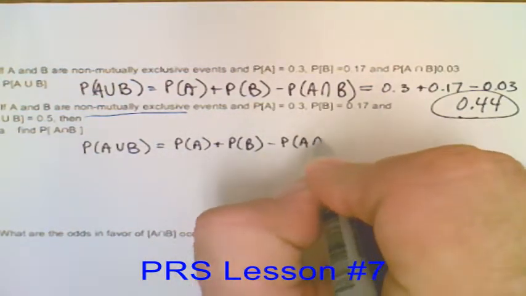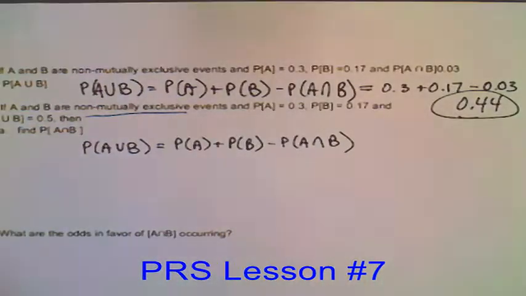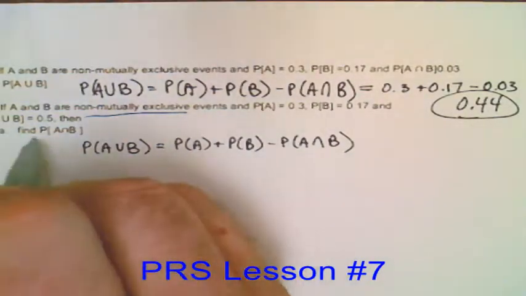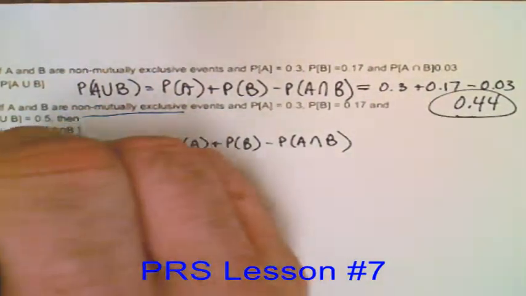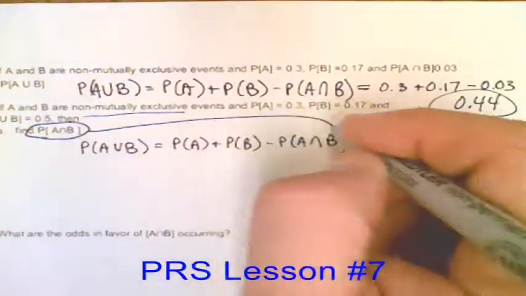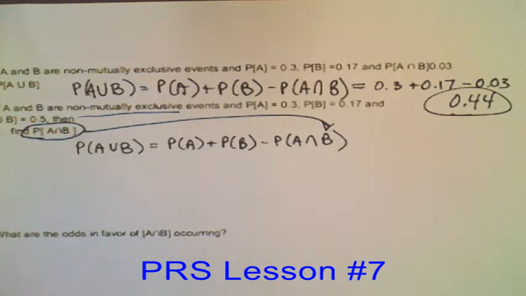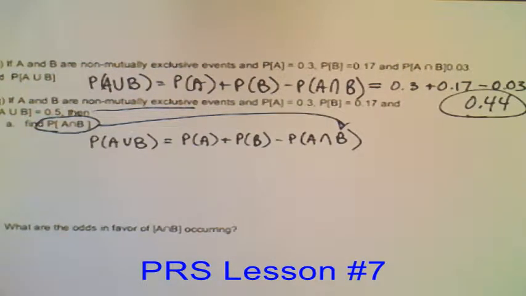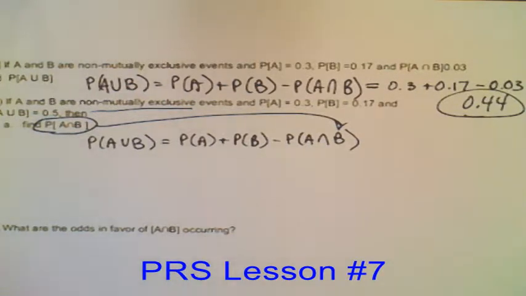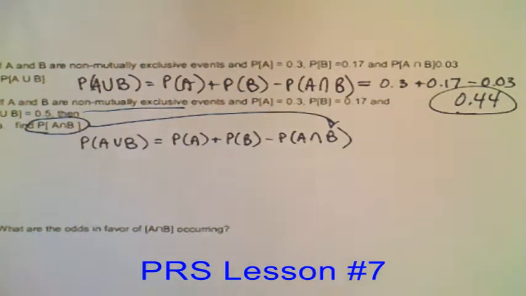If I do this next one, if A and B are non-mutually exclusive, P of A is this, P of B is this, and P of A or B is 0.5. You've got to keep in mind that if it's non-mutually exclusive, P of A or B, which is given on the formula sheet, is equal to P of A plus P of B minus the overlap.